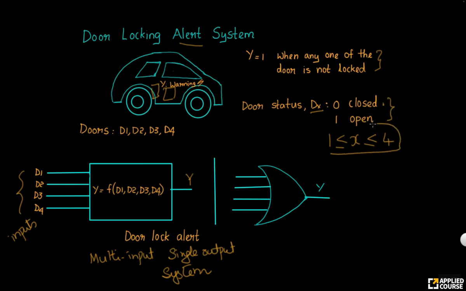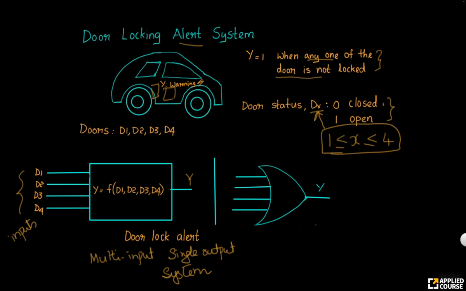So for 4 doors, we can put it in one simple expression. What does our common sense say? If any one of the doors is open, the alert should be given. So not locked, open, not closed, all of them are going to be the same.